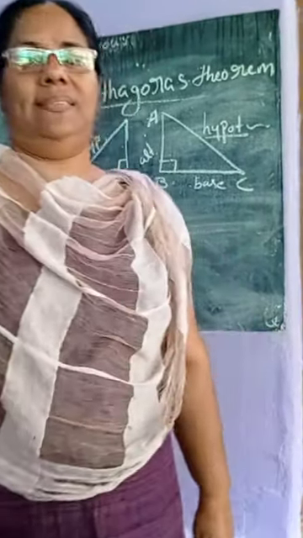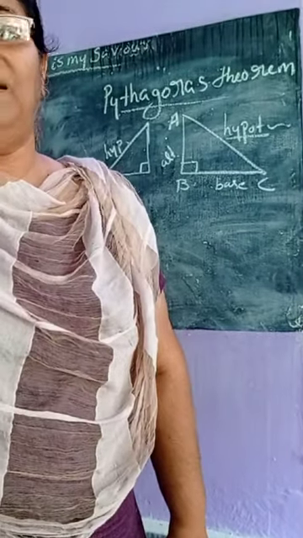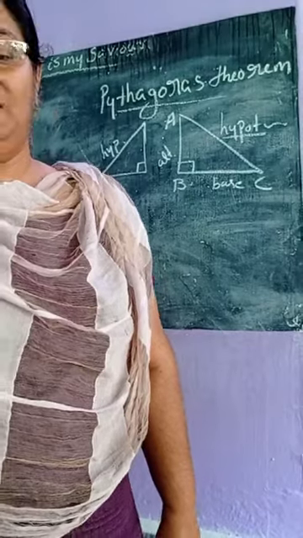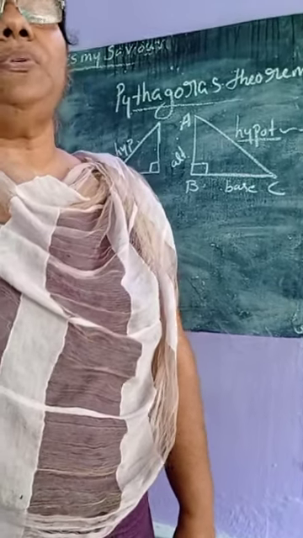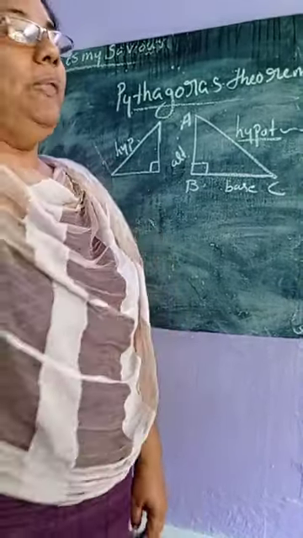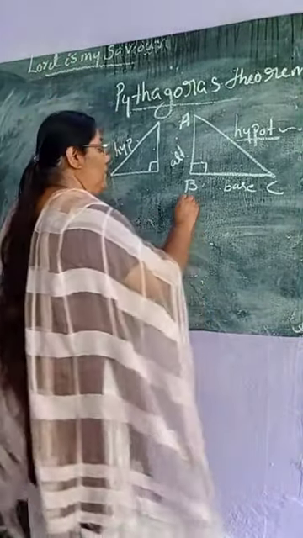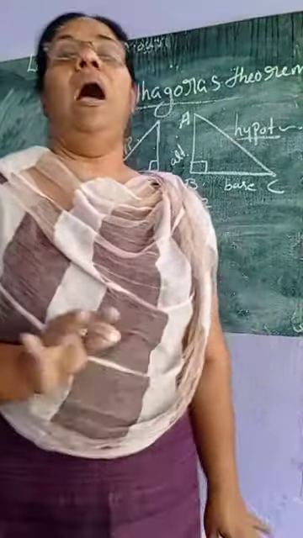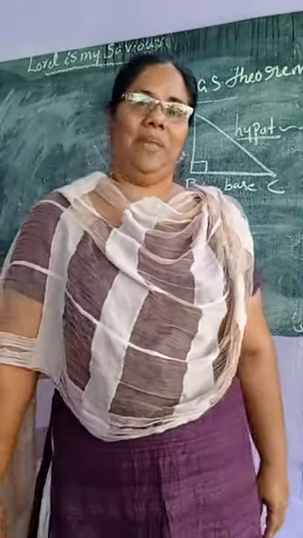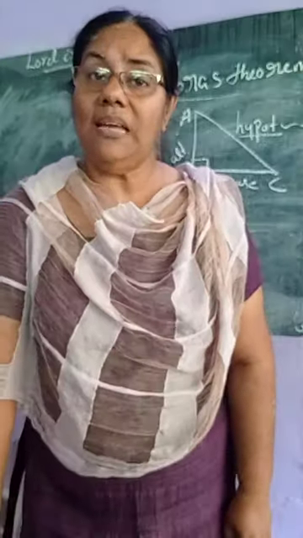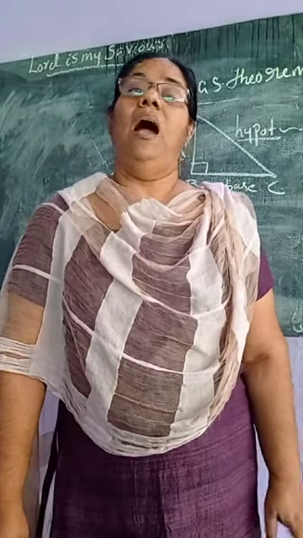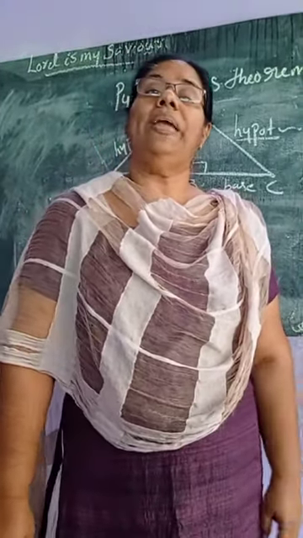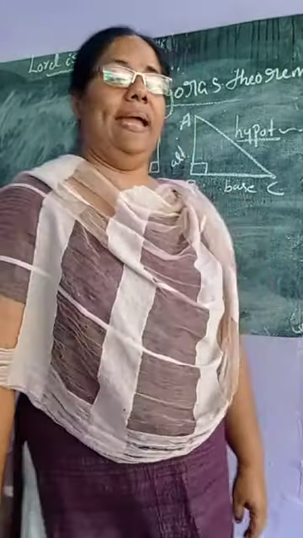Pythagoras theorem says in a right-angled triangle, the hypotenuse square is equal to the sum of the squares of the other two sides. I repeat, in a right-angled triangle, the hypotenuse square is equal to the sum of the squares of the other two sides.